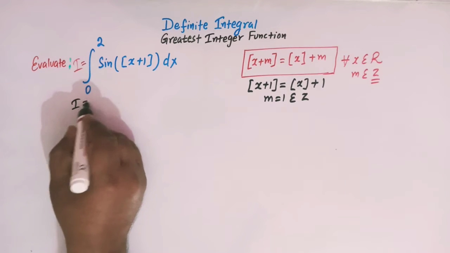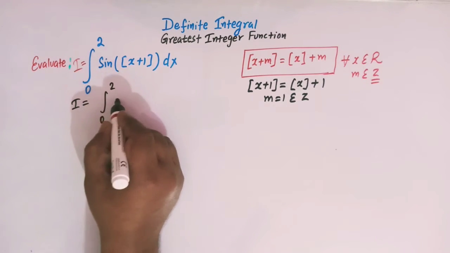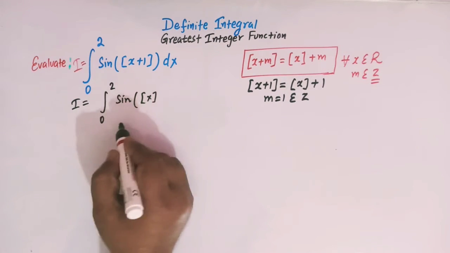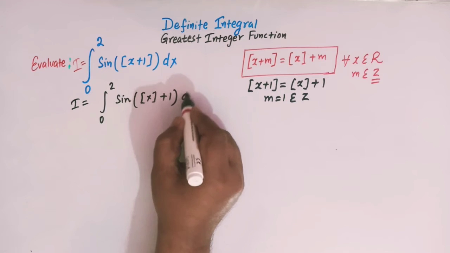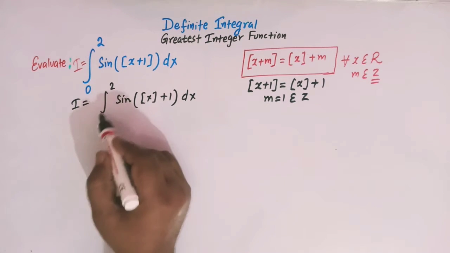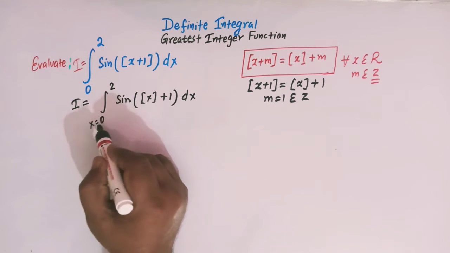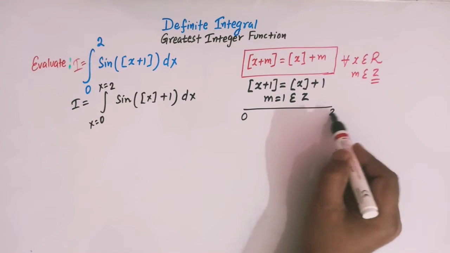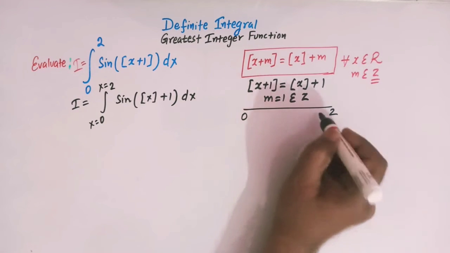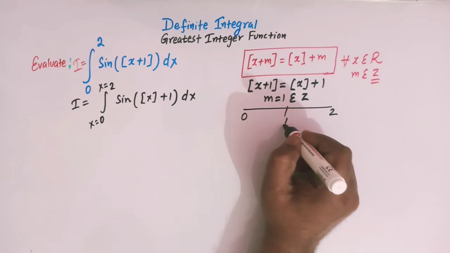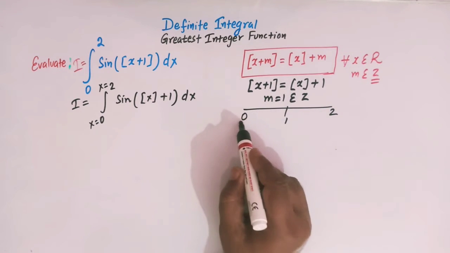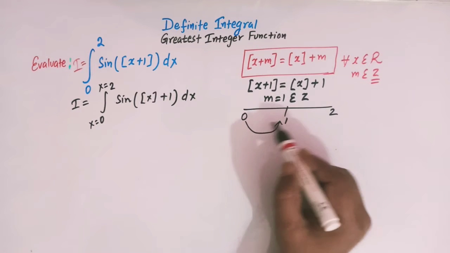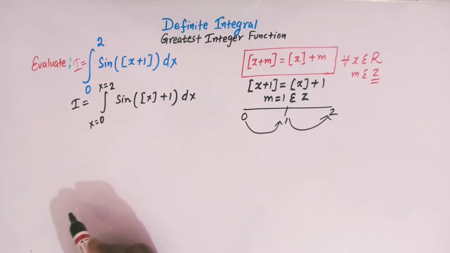Now I is equal to the integral from 0 to 2 of sine of the greatest integer of x plus 1. The limits of integration are from 0 to 2, and between 0 and 2 we have the integer 1. So we'll split this integral as a sum of two integrals, from 0 to 1 and from 1 to 2.